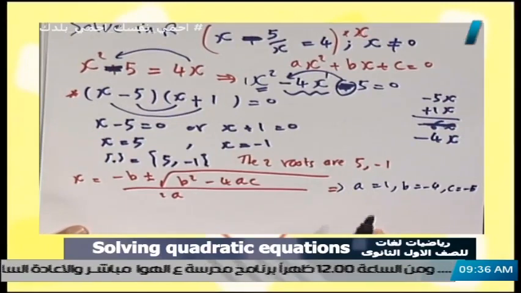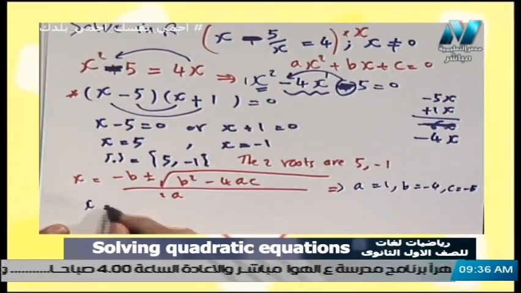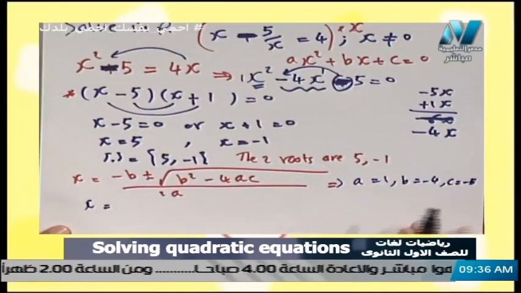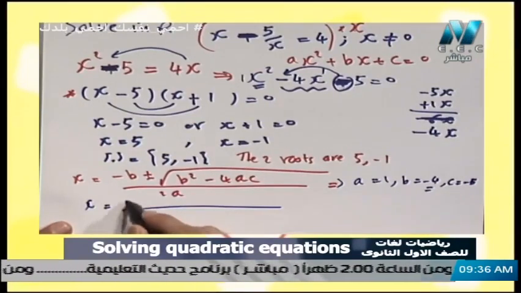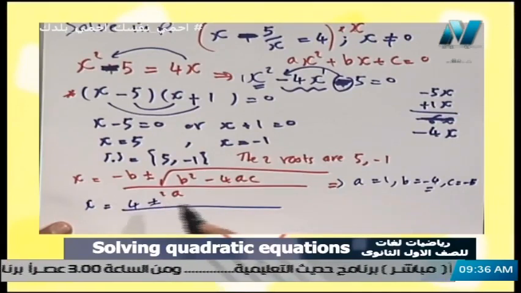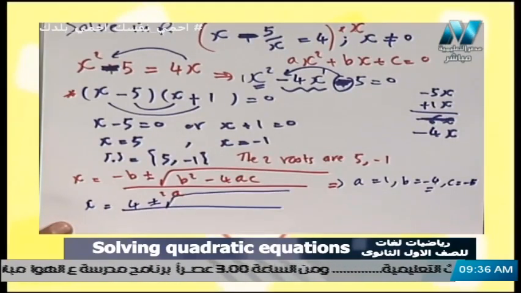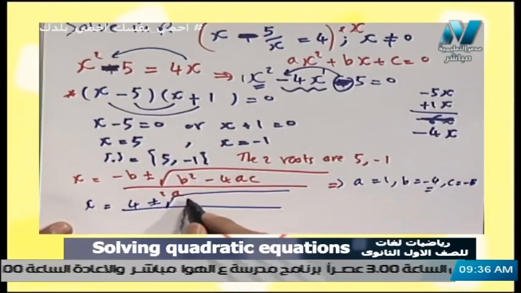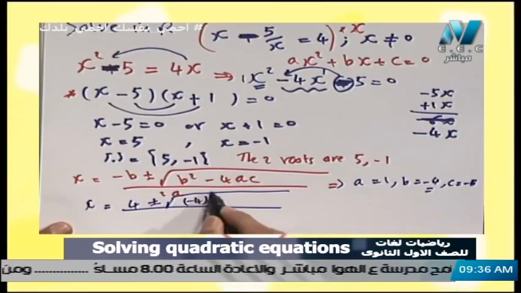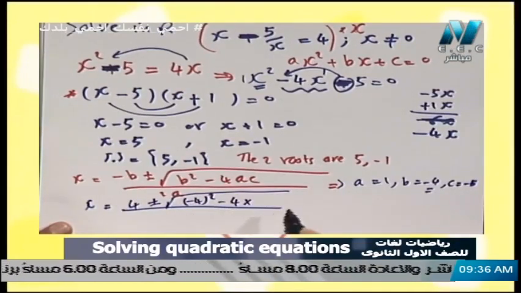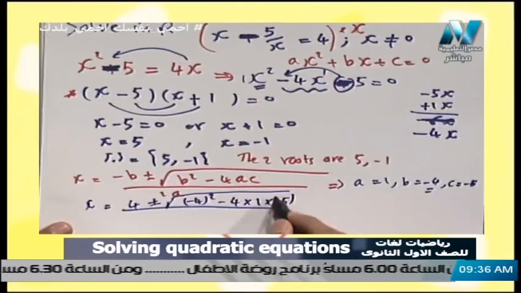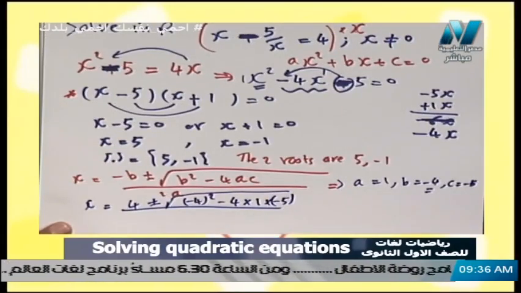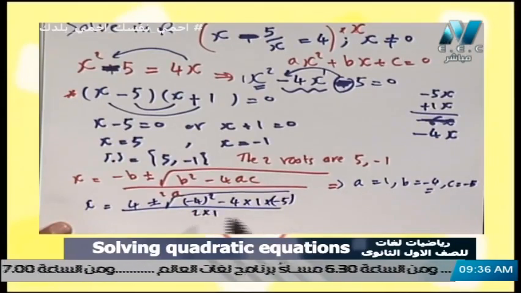Then by substitution we have x equal negative b, which means the converse of negative 4. It will be 4 plus or minus square root. b power 2 means negative 4 all power 2 minus 4ac. a is 1 and c is negative 5. Put it inside bracket as we said before, over 2 times 1.